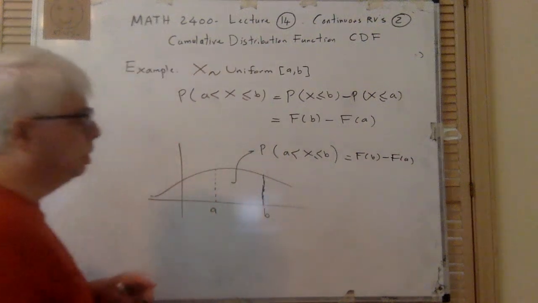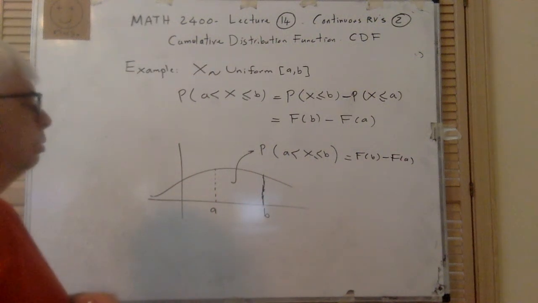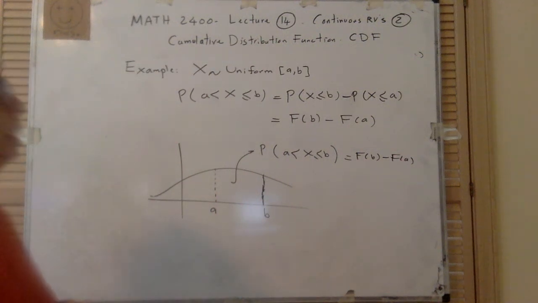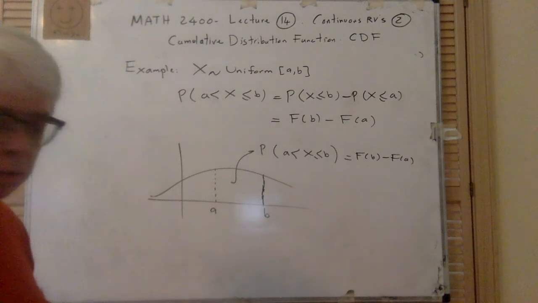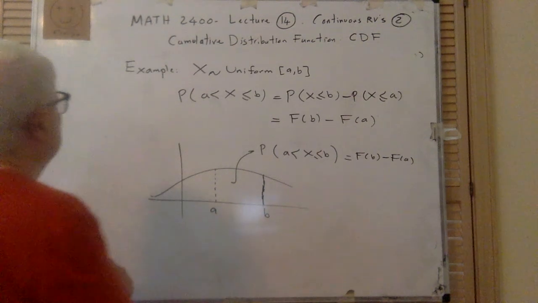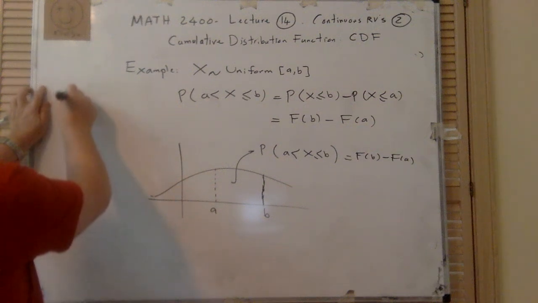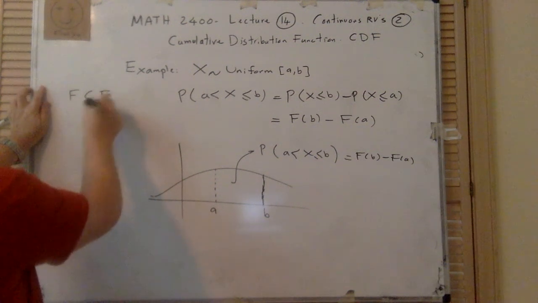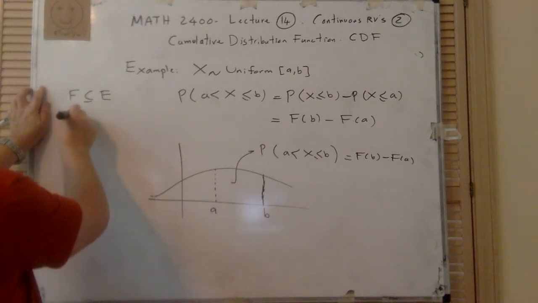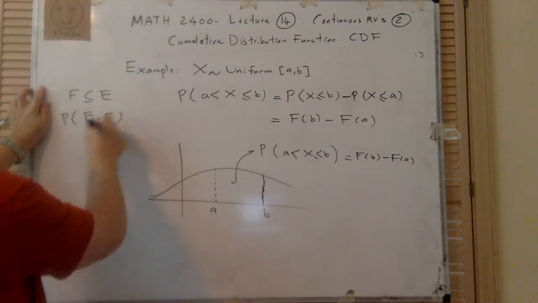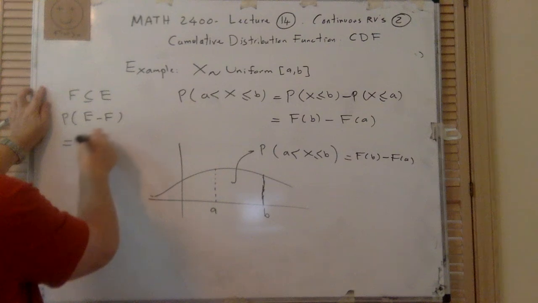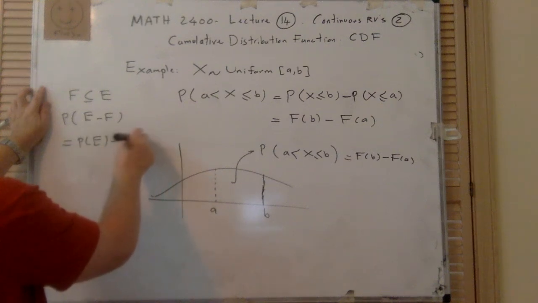We can also write this as two events, and one of them is included in the other one. When you subtract, you're subtracting the probabilities. That is in fact, if F is in E, then P(E minus F) is in fact P(E) minus P(F).